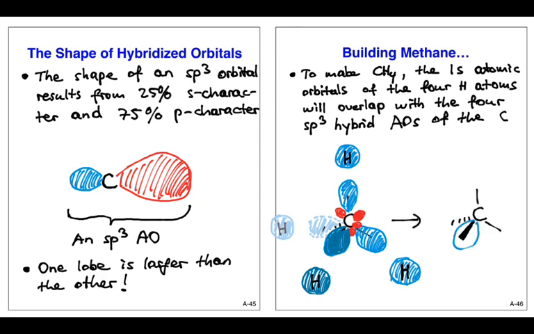That's what happens here. So we are redrawing the system and forming all these CH bonds where the sp3 orbitals overlap with the s orbitals of the hydrogens. Here we go. That's methane.